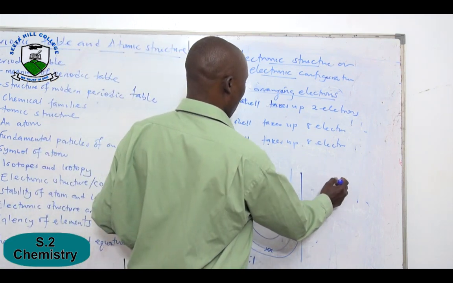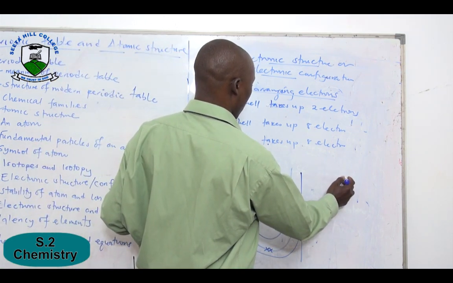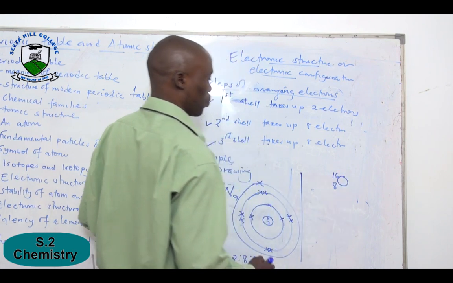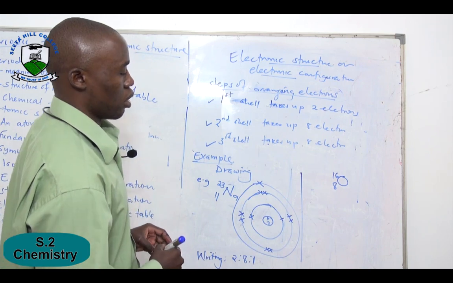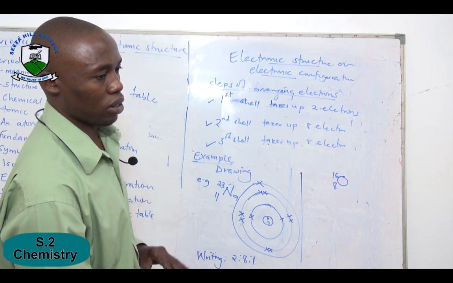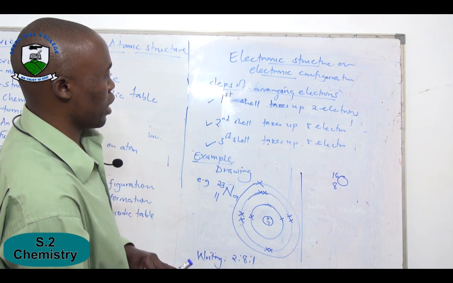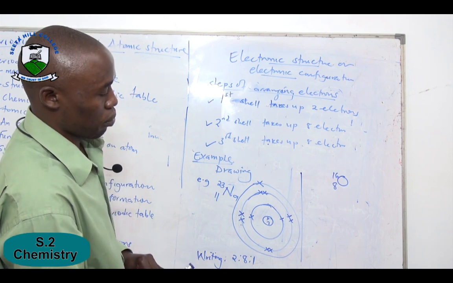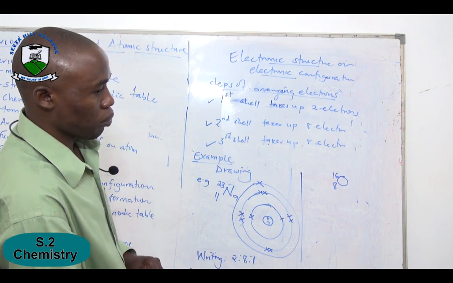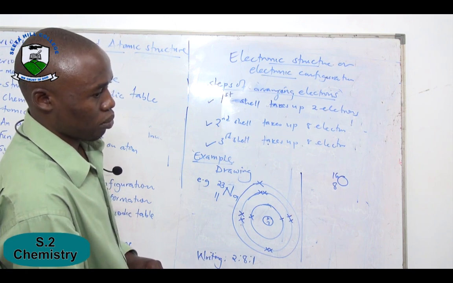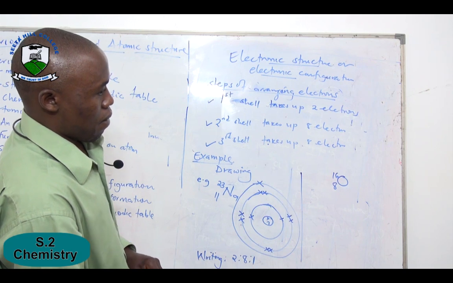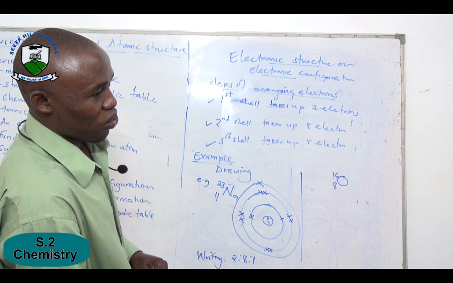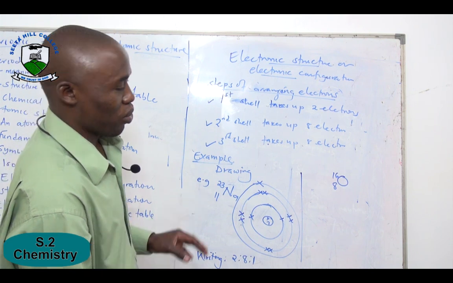You can try for me oxygen 16 here. If they say write, you write. If the question is draw, you what? You draw. See? But of course you'll find other forms of writing where you can use a kind of a what?